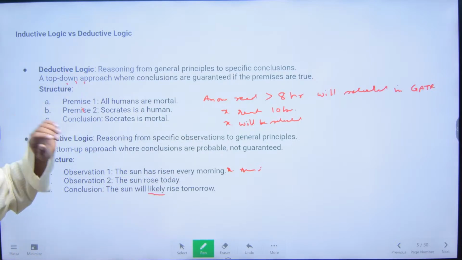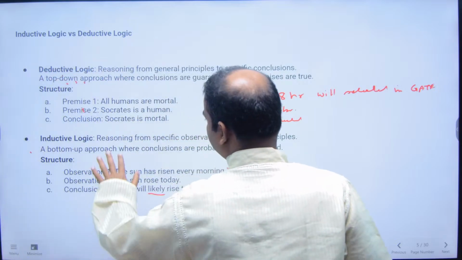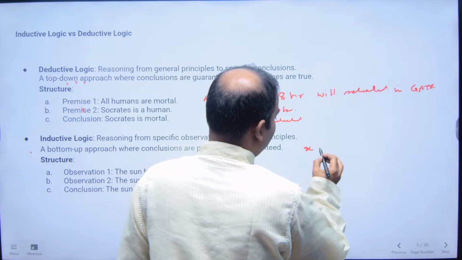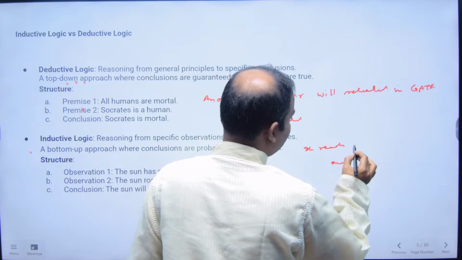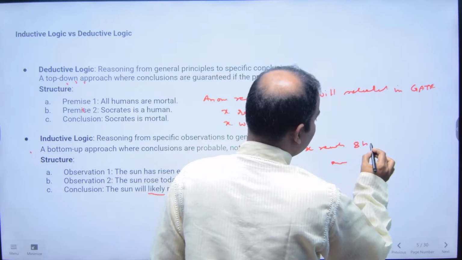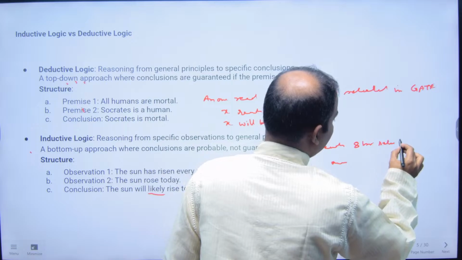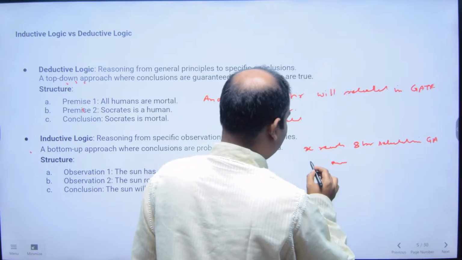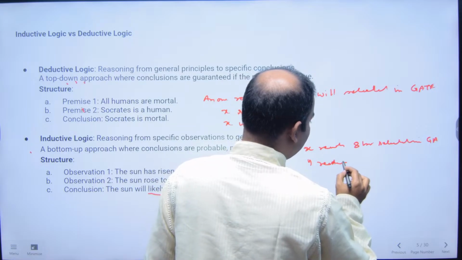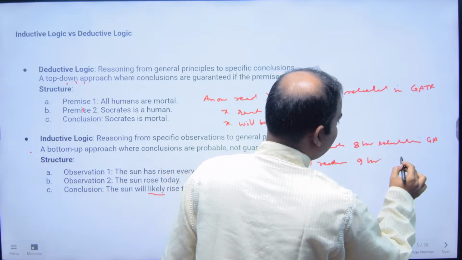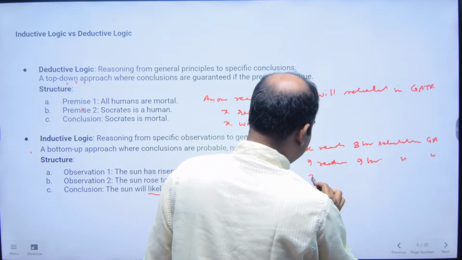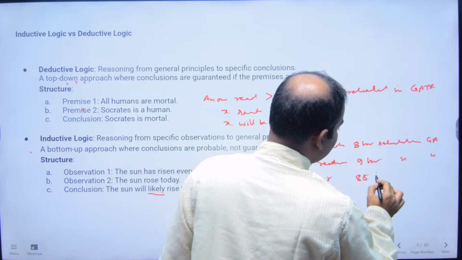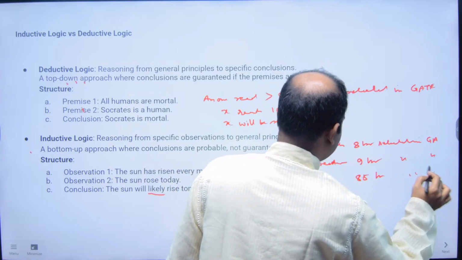Is it clear? But if I say the same thing in inductive logic, X reads 8 hours, selected in GATE, Y reads 9 hours, selected in GATE, Z reads 8.4 hours, selected in GATE.